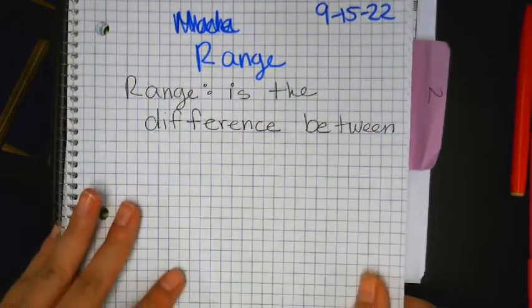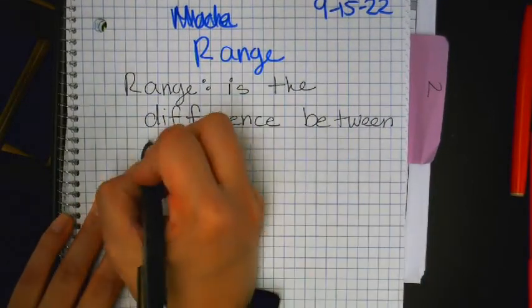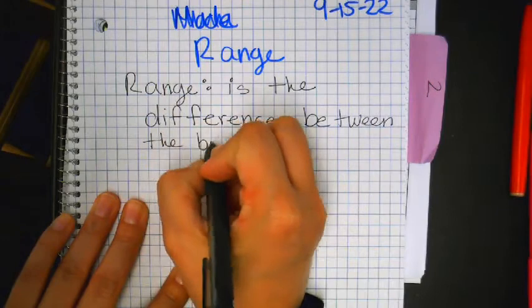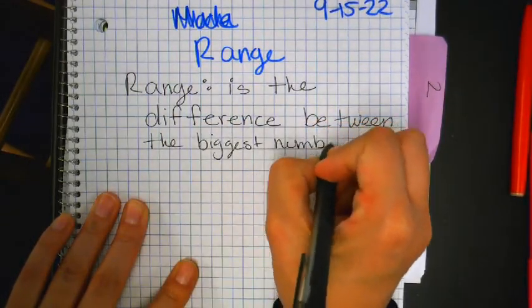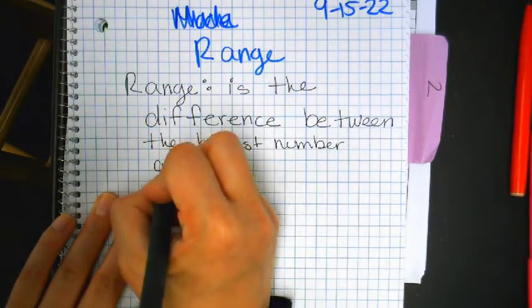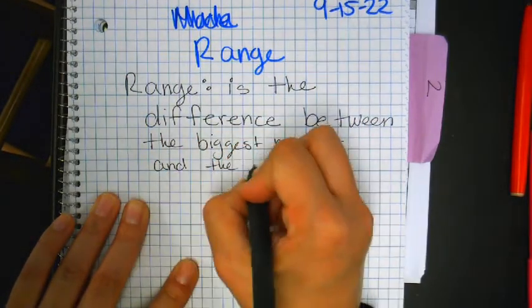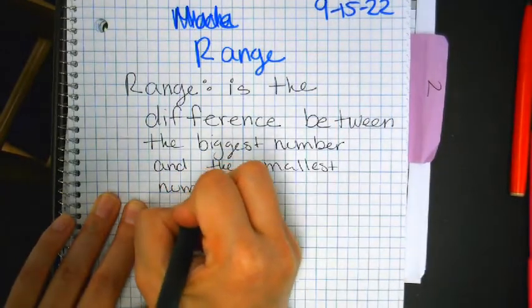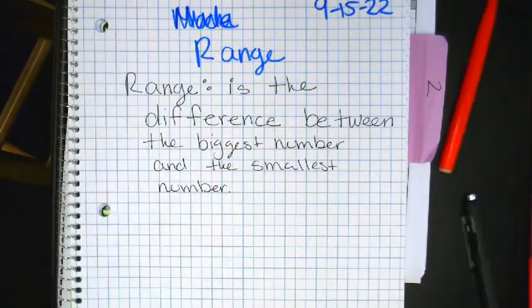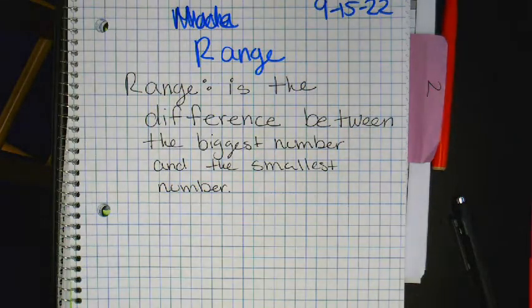Range is the difference between the biggest number and the smallest number. Okay, the range is the biggest number minus the smallest number. Big minus small. Big minus small.